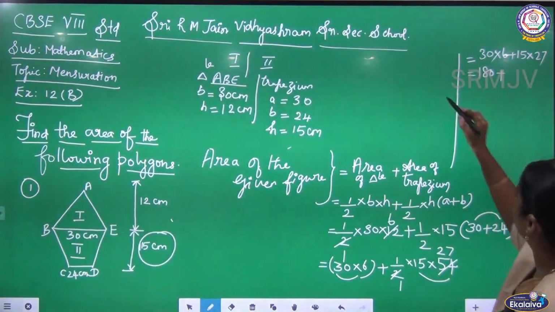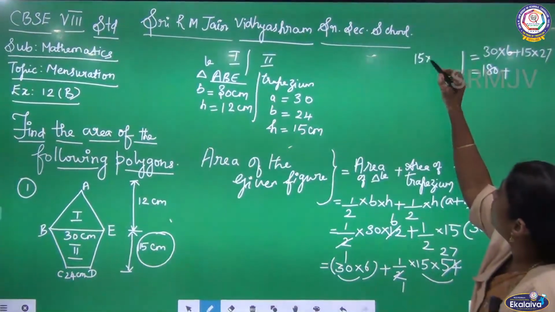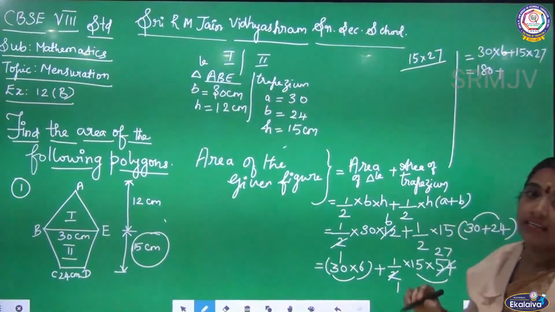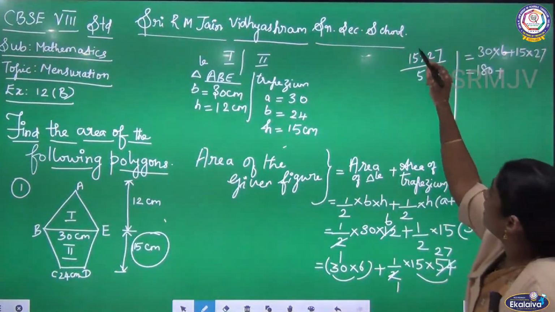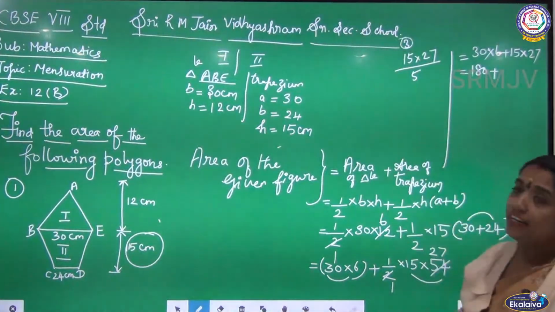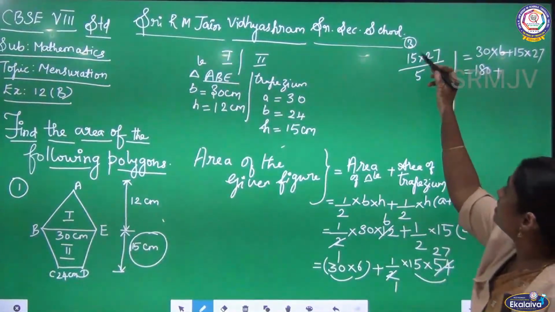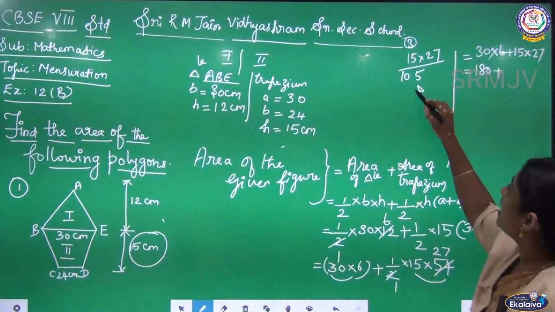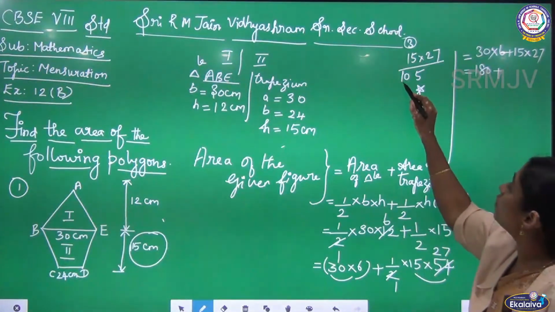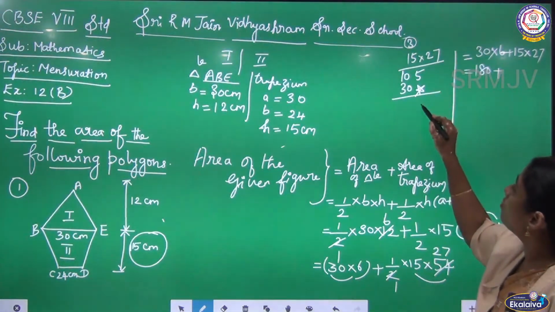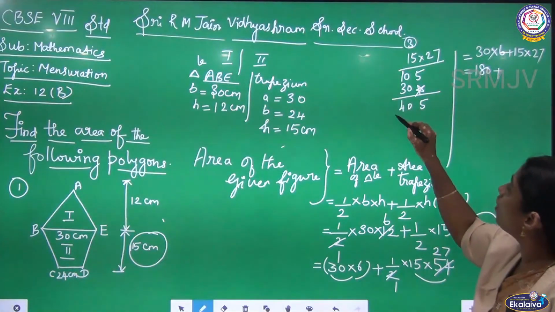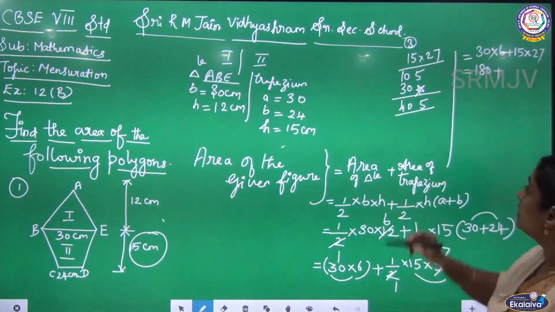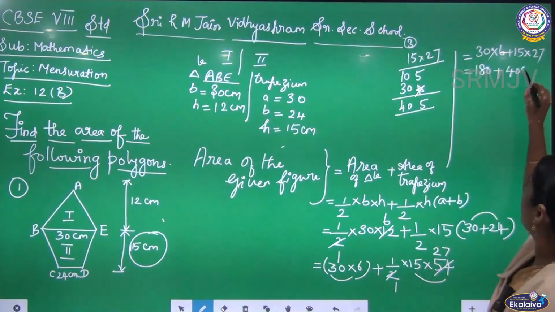Just do it in the rough column. 15 into 27, what is the answer? 7 5s are 35, 3 carry over. 7 1s are 7, 7 plus 3 is 10. Put a star. 15 2s are 30. So my answer is 405.